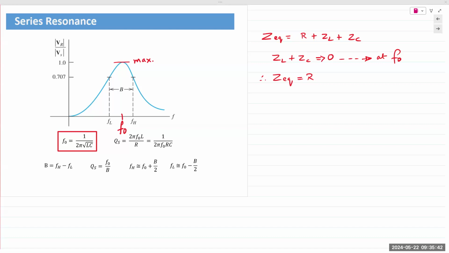There are a few other equations, but there are other concepts I'd like to point out. So we have two frequencies in there, FL and FH. The difference between the two is known as the bandwidth.